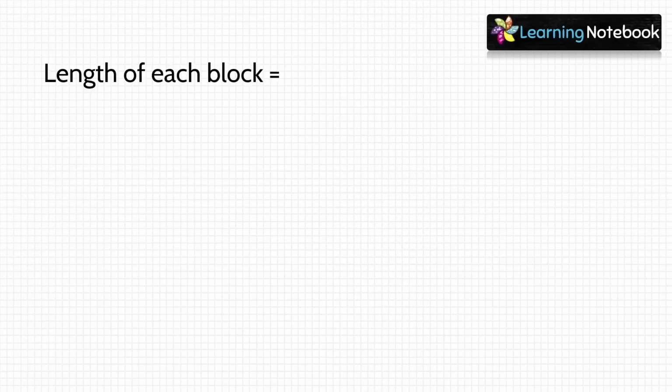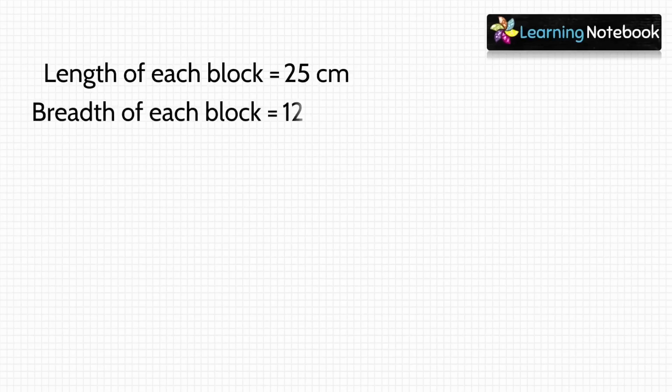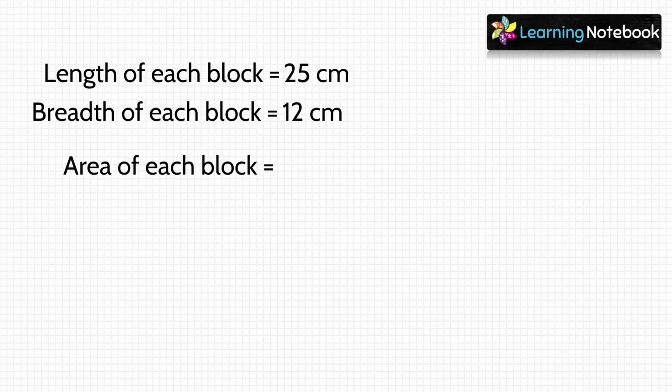Now let's find area of each block. We are given length of each block as 25 centimeters and its breadth as 12 centimeters. Again, since we are given the length and breadth of block, we will assume it to be a rectangular block. So area of each block is length into breadth.